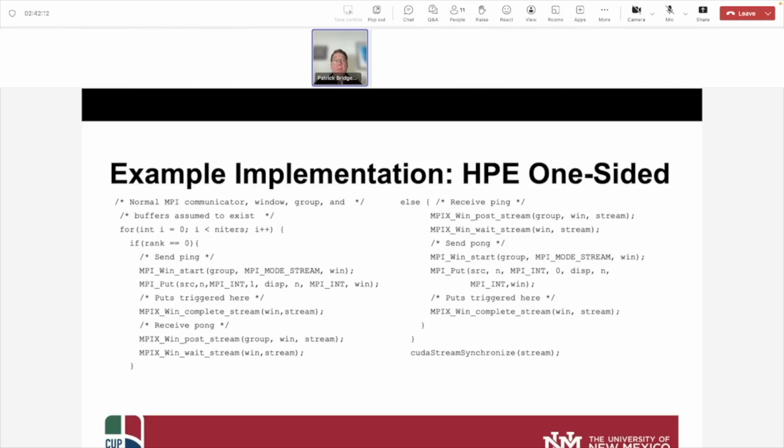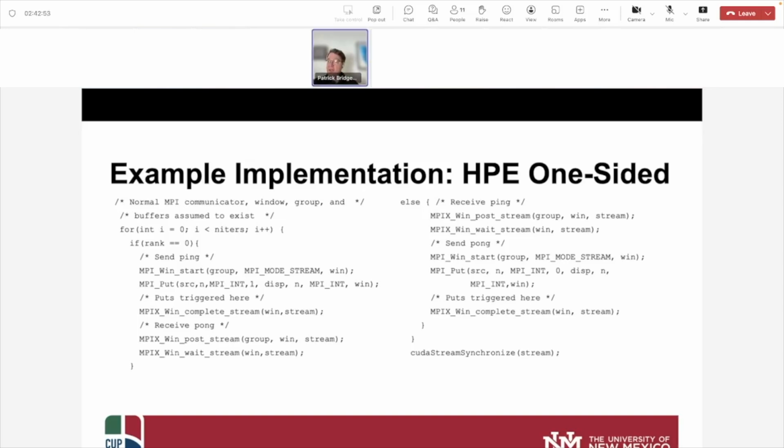MPI win start and MPI put start the appropriate epochs and say, here are the operations I want to do during this epoch. So for example, I'm going to do puts for my sends after I start my window. And then when I call complete, that's when the put might actually happen. Likewise, when I'm going to receive data, I start my exposure epoch. I put my post on the stream and then put my wait on that post on the stream as well.